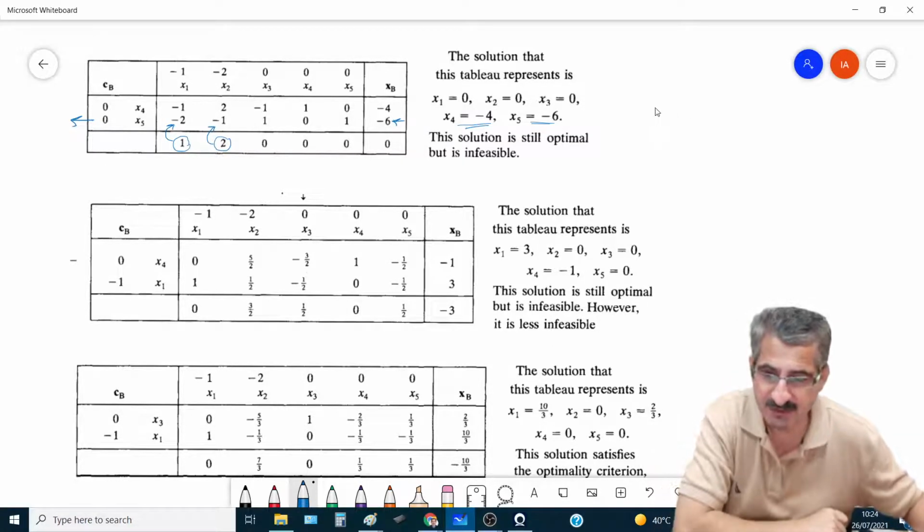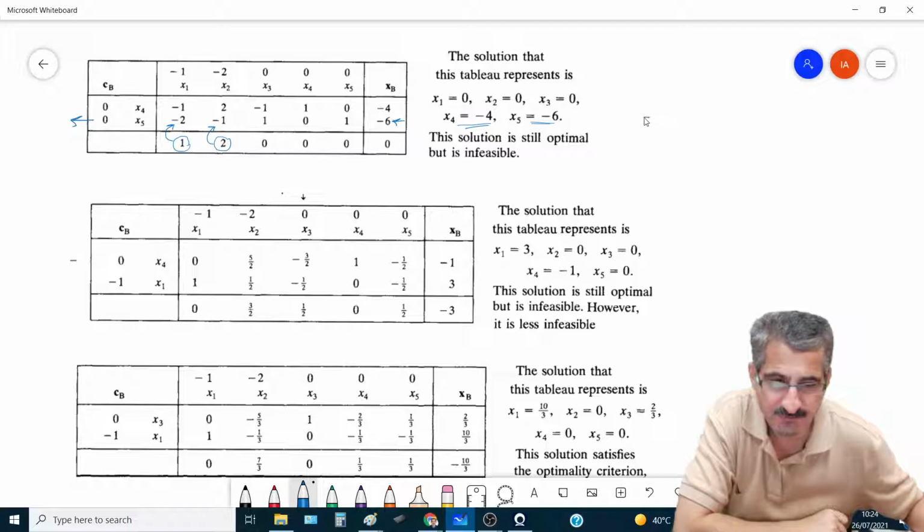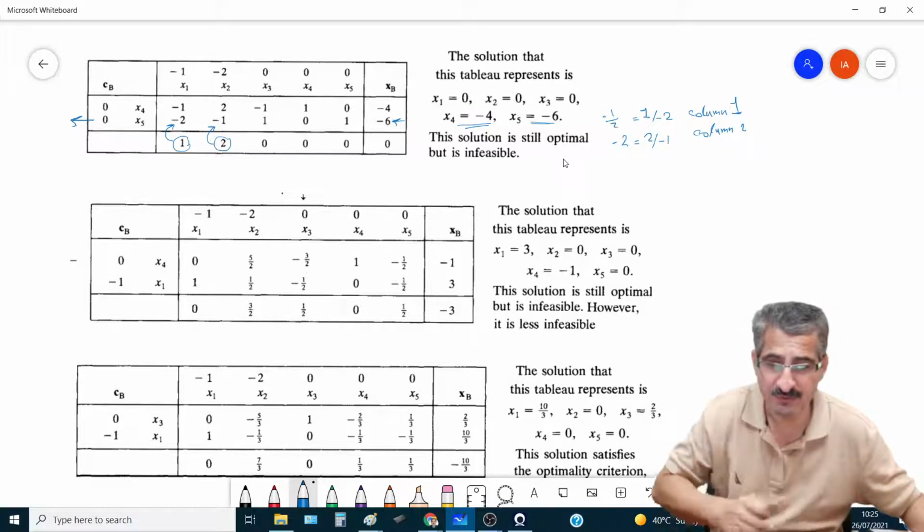So let me again compute here. 1 over -2 is for column 1, and for column 2 we have 2 over -1. So this is -1/2 and this is -2. Which one do we choose?